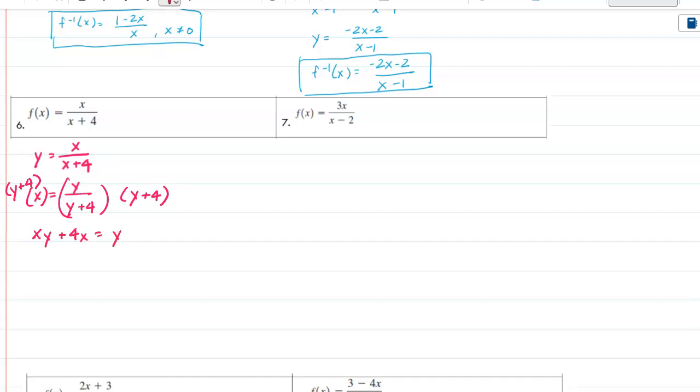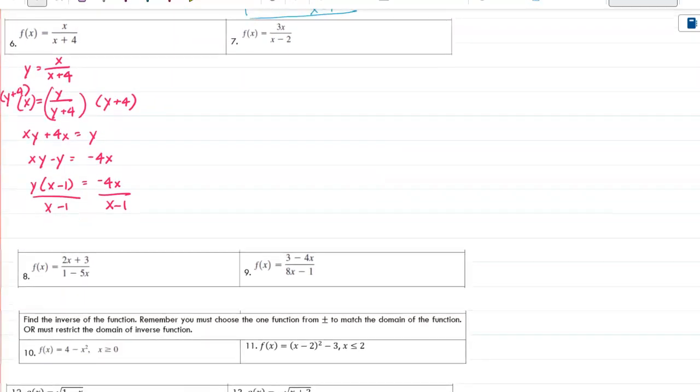Gather the y's on one side and move everything else to the other side. Factor out the y. Divide by the binomial after you factor out the y. So f inverse of x equals negative 4x over x minus 1. Oops, kind of cut off.